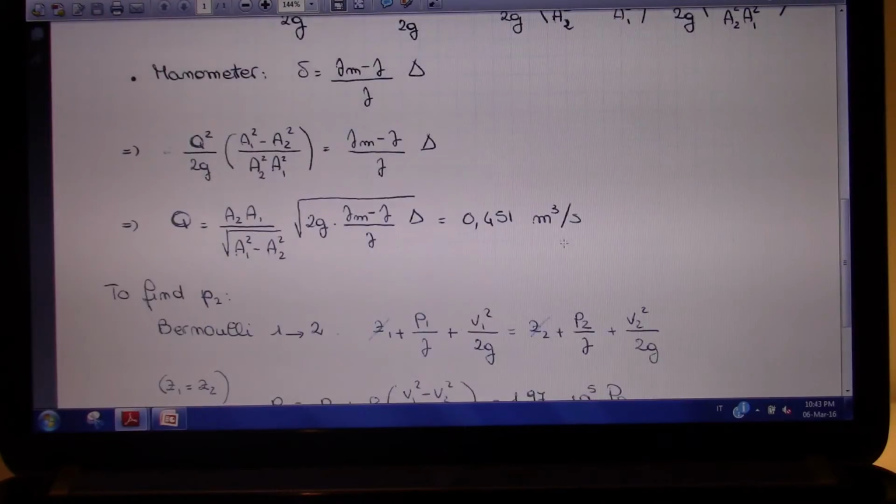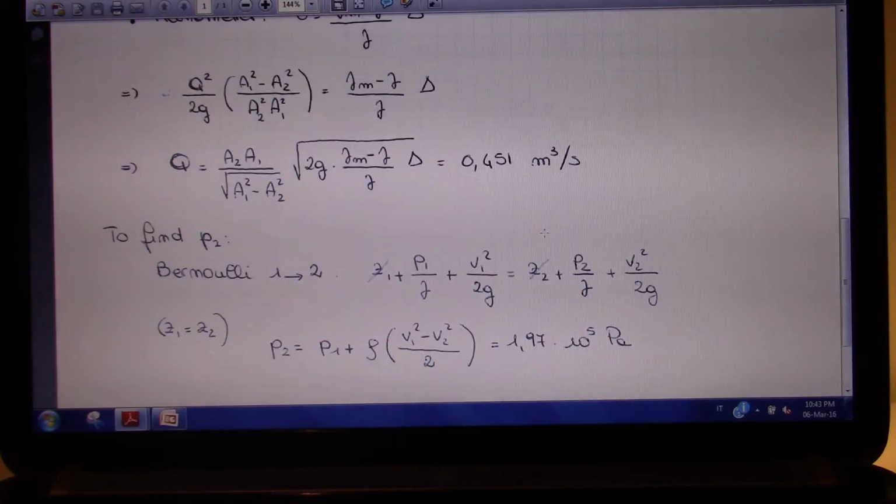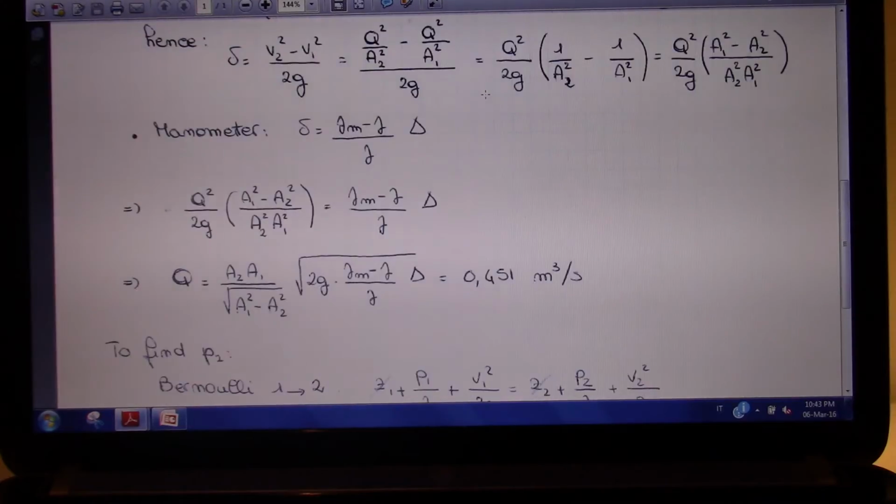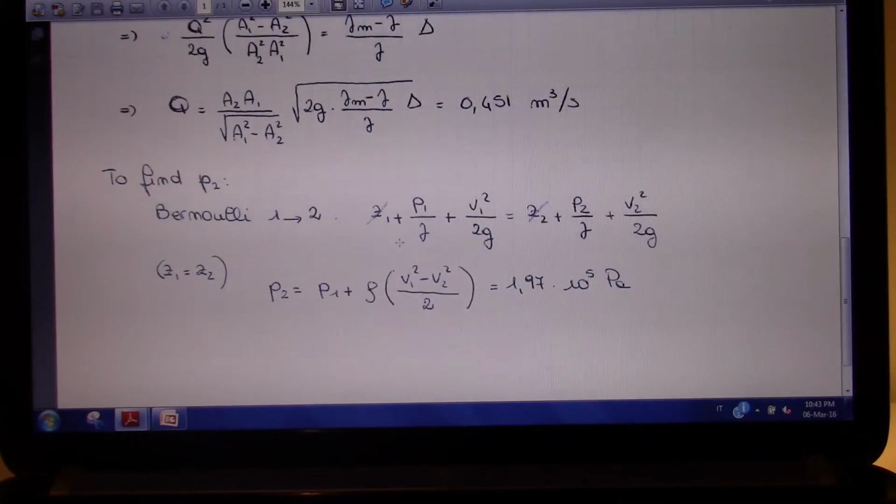Same thing if we want to find P2, which means that we apply Bernoulli from point 1 to point 2, and in particular, we assume that the reference system is the same, so the geodetic height is equal.